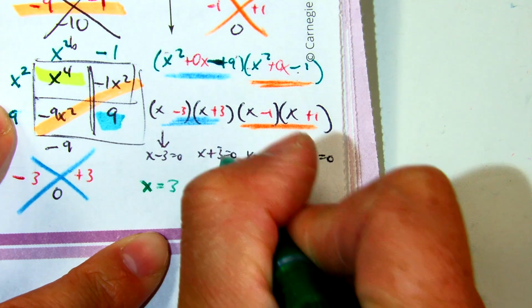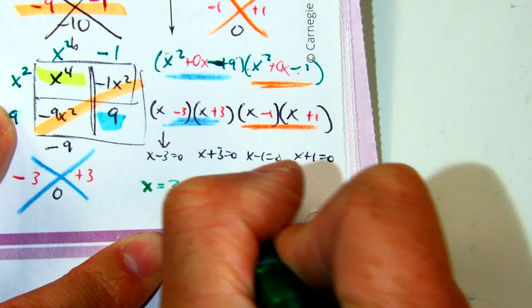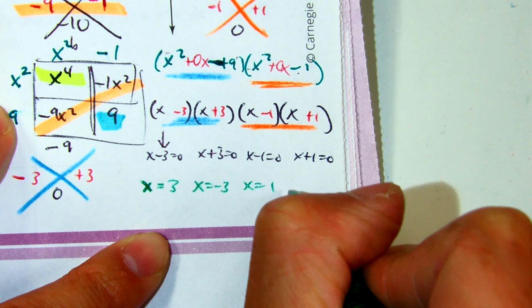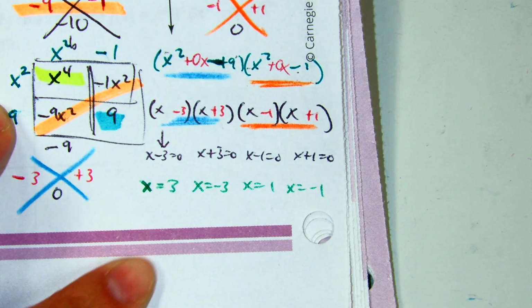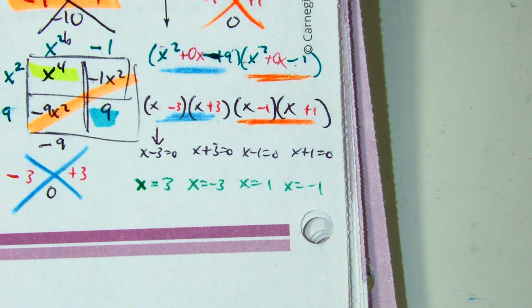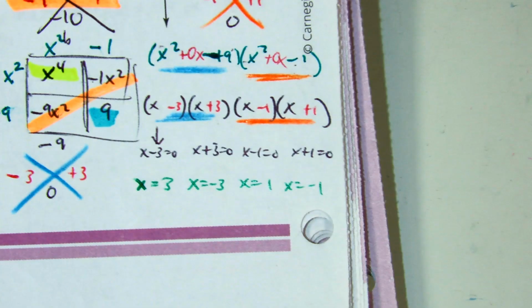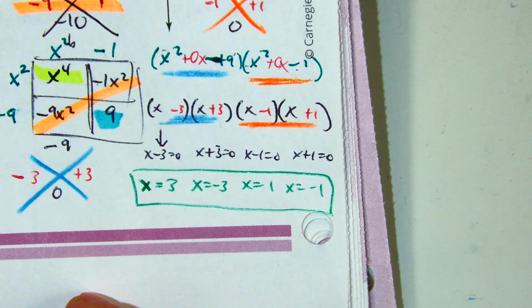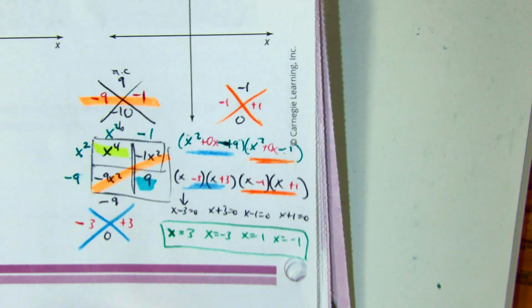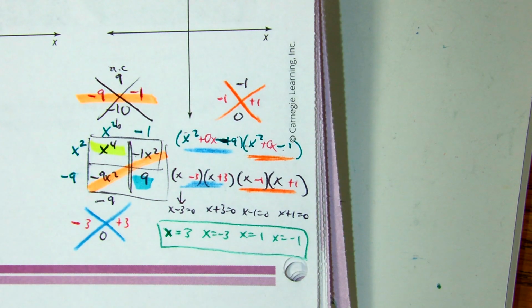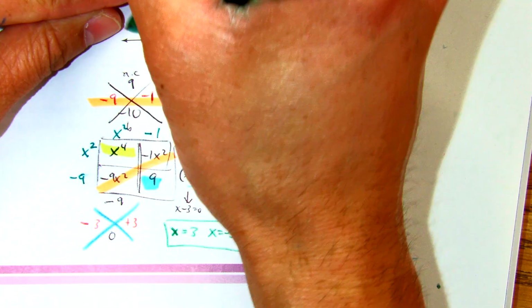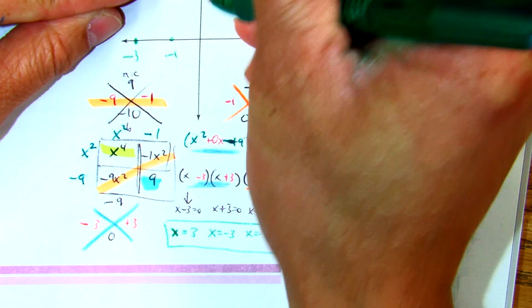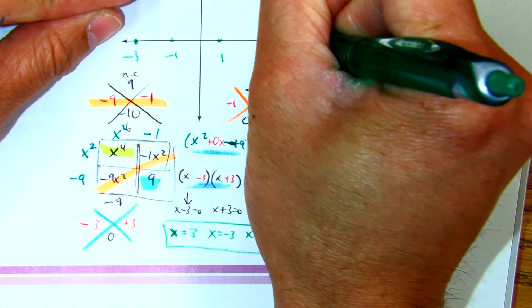How about right here? Here? And here? Negative 1. So we factored, we solved or identified these zeros, and now we're going to make a sketch. So I'm going to put those onto my graph. Negative 3, negative 1, positive 1, and positive 3.